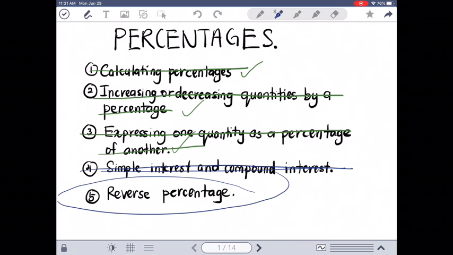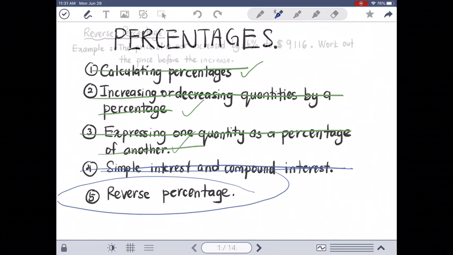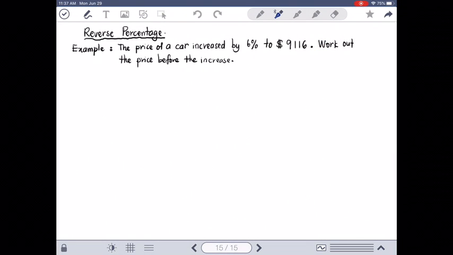Now we are going to have a look at the last subtopic, which is reverse percentage. There will be two methods to solve these kinds of questions.